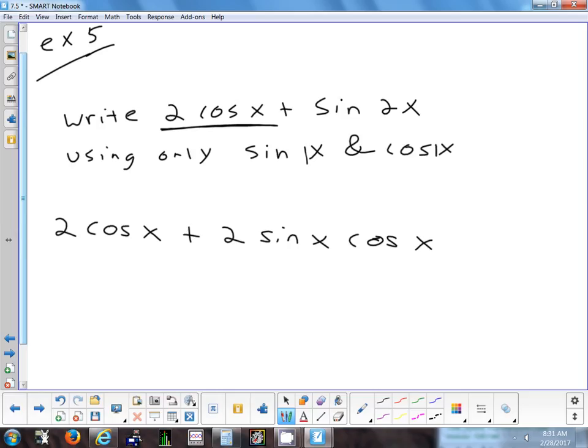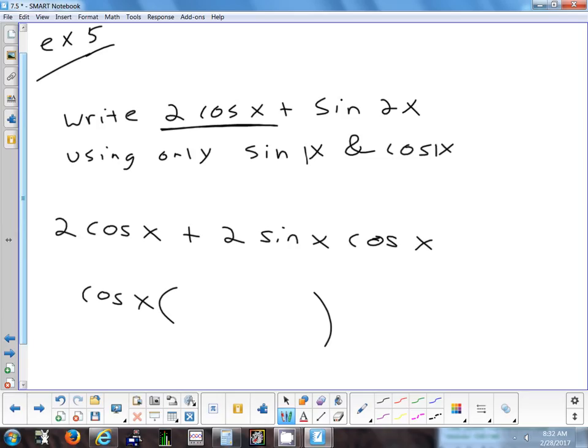Now, if they asked me to factor this, what could you factor out of that expression? Let's see, Pacey, do you see what you could factor out? Would it be cosine x? You can factor that out, and you can factor out a little bit more.